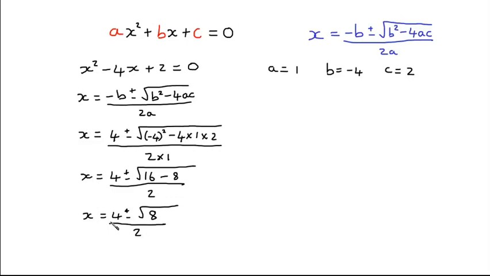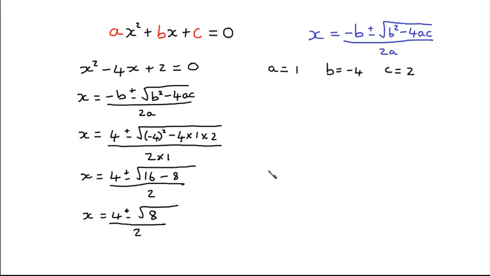Okay. Now, at this stage, if we were asked to leave it in surd form, we'd need to simplify. But for this one, I'm going to show you how to write it as a decimal answer. So the first thing we need to do is to split this from being a plus and a minus to being 4 plus root 8 and 4 minus root 8. Okay, so I'll write it over here.